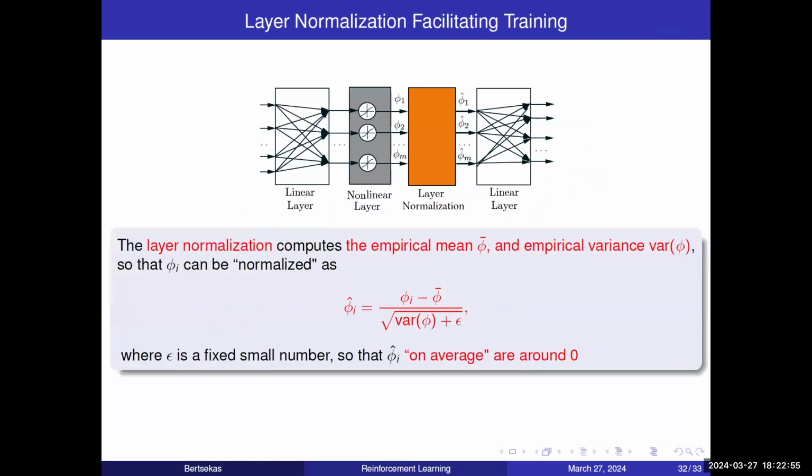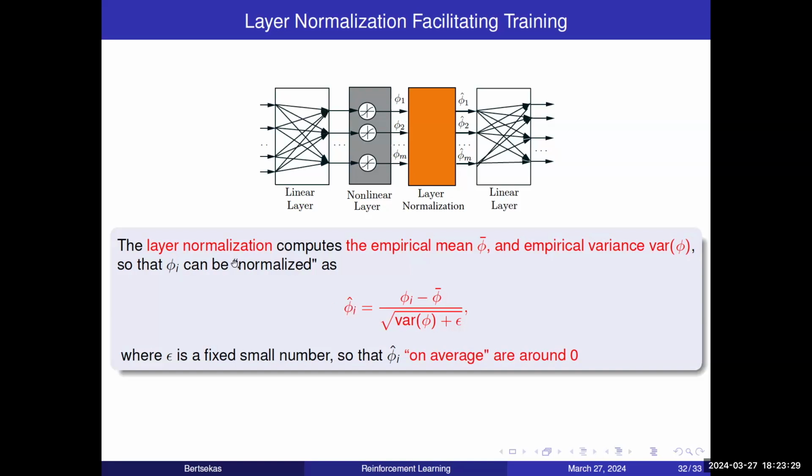Another idea is called layer normalization, which facilitates training. After the linear layer, the output goes through the nonlinear layer, and we have phi 1 until phi m. But instead of directly going to another linear layer, there is a layer normalization block that takes as input all those phi's and outputs phi hats of the same dimension.